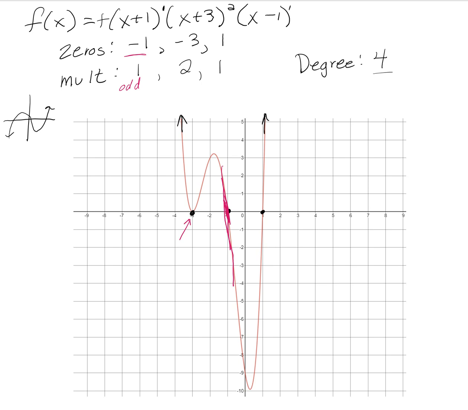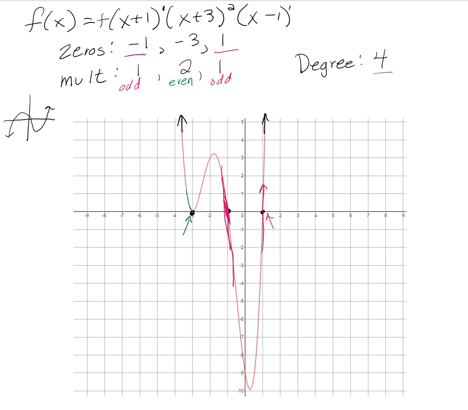Let's confirm that with our zero of 1. The multiplicity for that is odd. If we look at our 1 right here, we see that the graph is going up and it's continuing to go up. But when we have an even multiplicity, something kind of strange happens. At that zero, in this case -3, the graph is going to touch the x-axis.